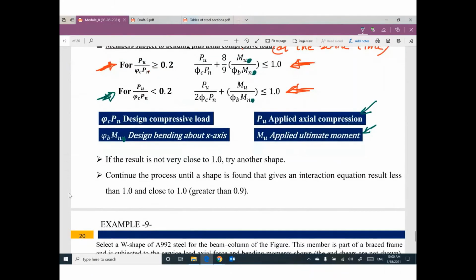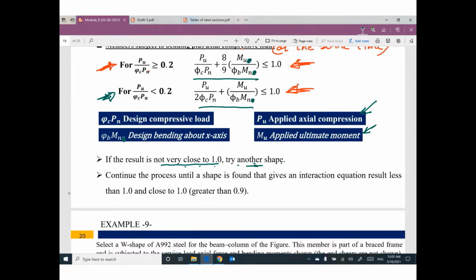If the result is not very close to 1, try another shape. I told you this point last meeting. We will assume a cross section and check whether this side is very close to 1. If not, that means you have a cross section which is not economic. Try another one.